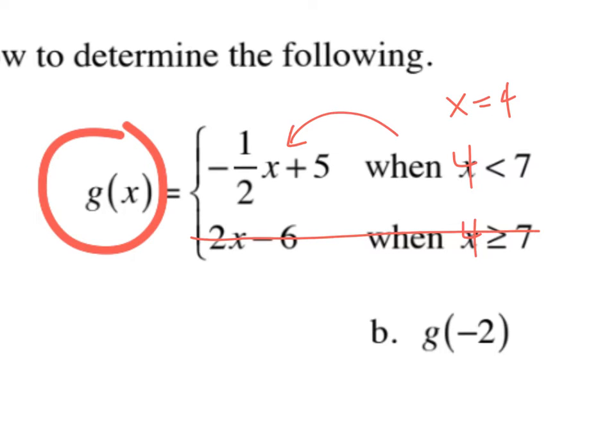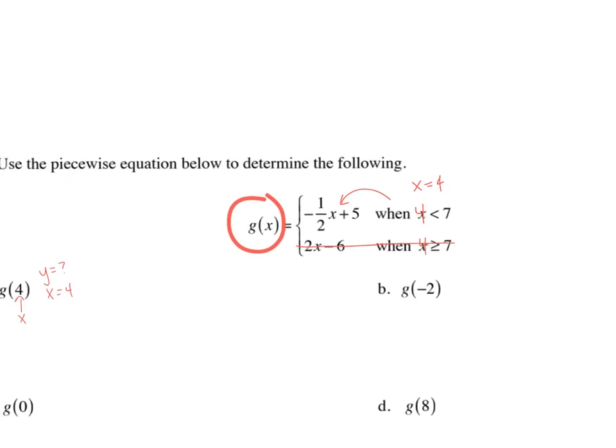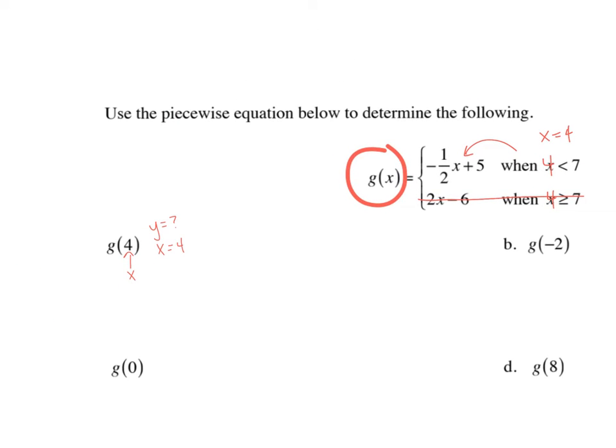So this line does not exist for x equals 4. So we only ever substitute into one. I'm going to take that 4 and substitute it in, and then follow my order of operations.